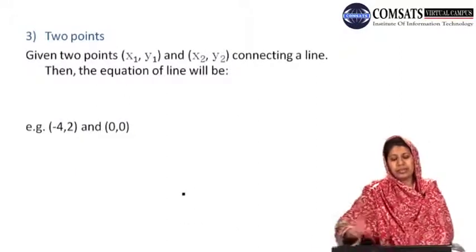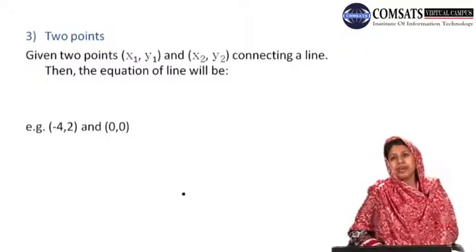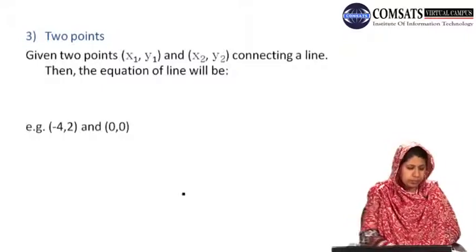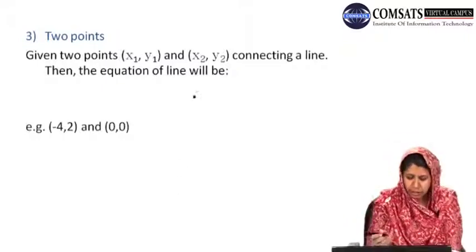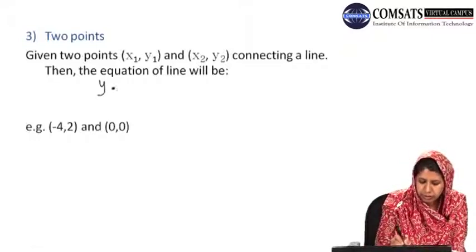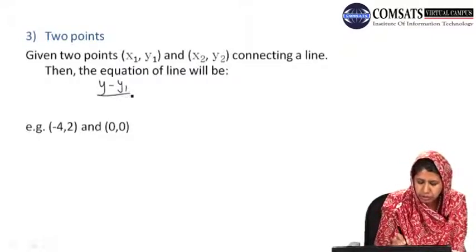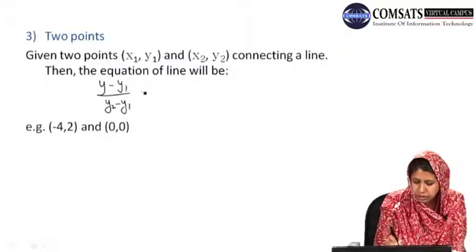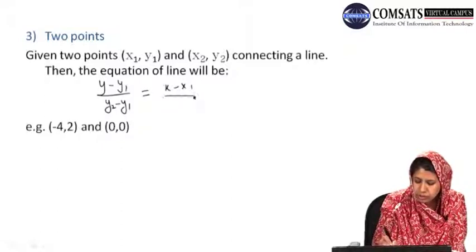Okay, now what happens if we are provided with 2 points lying on the line? Then in this case the equation of the line will be y minus y1 over y2 minus y1 is equals to x minus x1 over x2 minus x1.